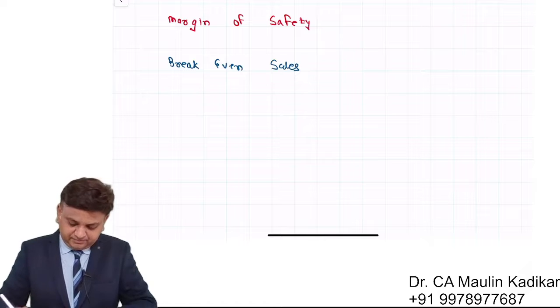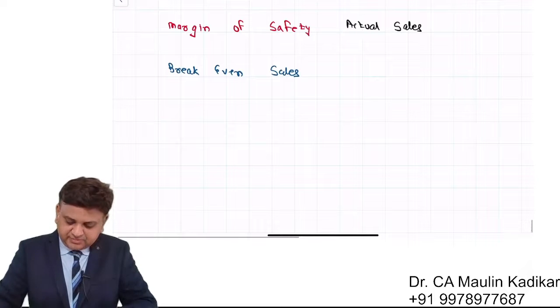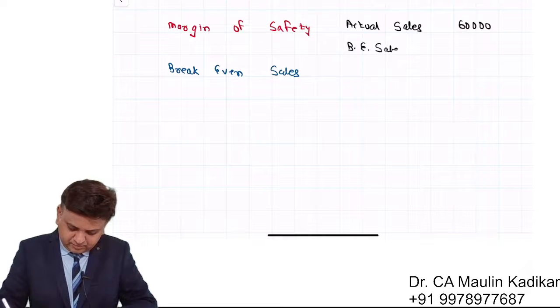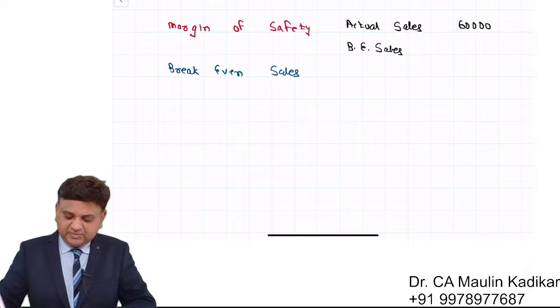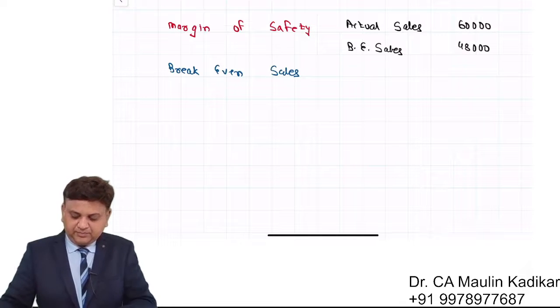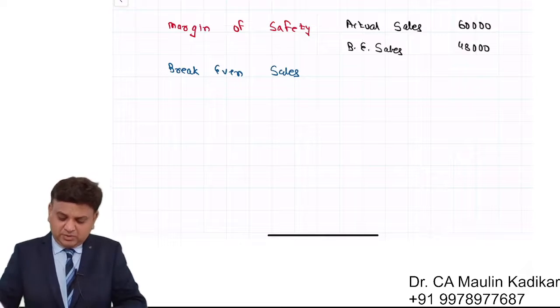Suppose, for example, actual sales of the company is 60,000 and break-even sales of the company is 48,000. It means actual sales is more than break-even sales by rupees 12,000.